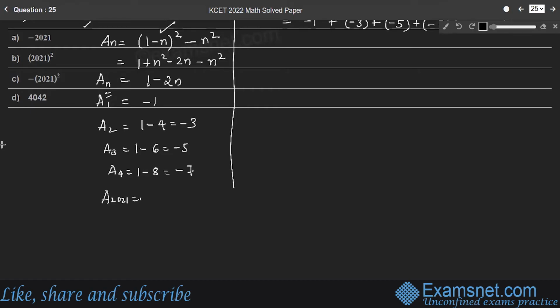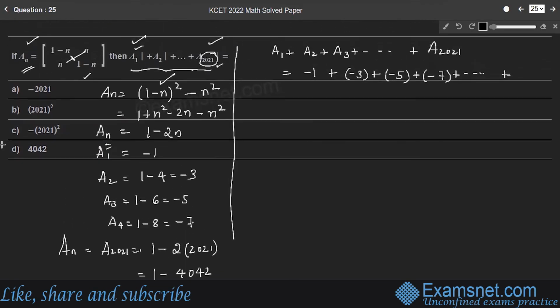Which is nothing but AN. A2021 is 1 minus 2 times 2021, which is 1 minus 4042. So A2021 is minus 4041. So the last term is minus 4041.